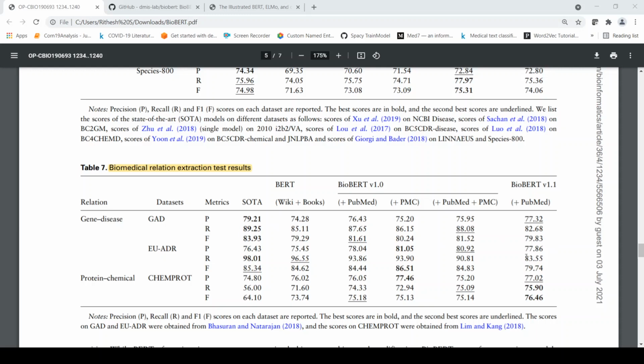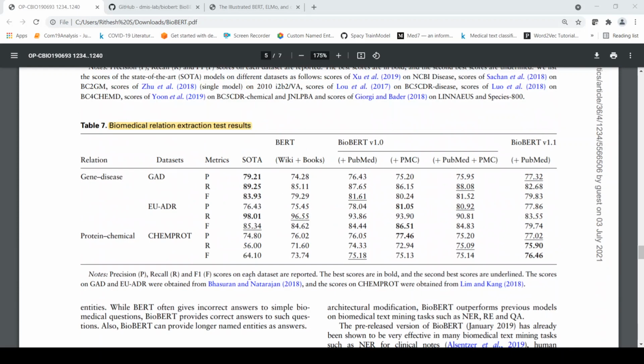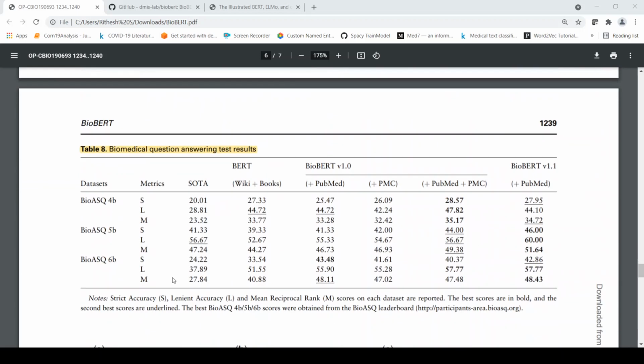Okay. In some cases, the state of art is better in some data sets. For example, in this data set, the state of art result is better than your BioBERT, but the results are okay when you compare it to the state of art. Okay. So then you also have the question answering results over here, which again does much better than your state of the art.